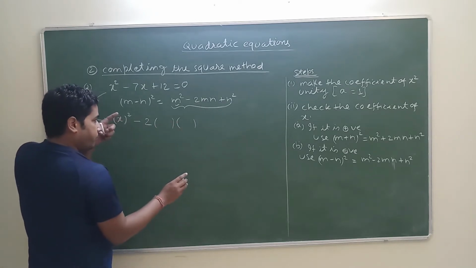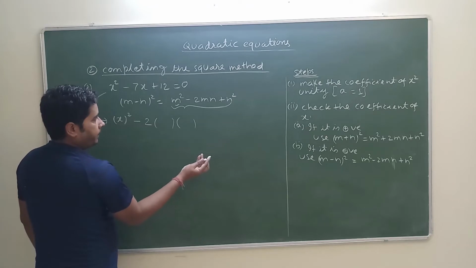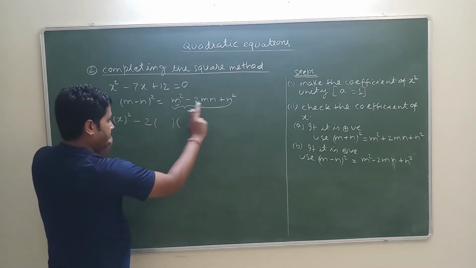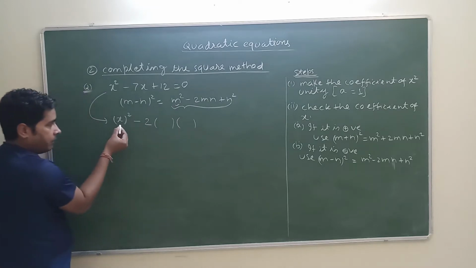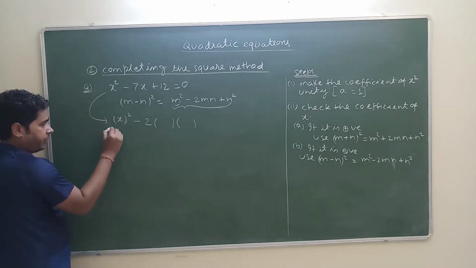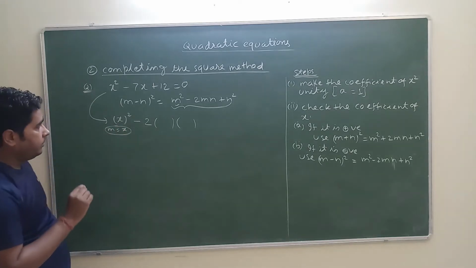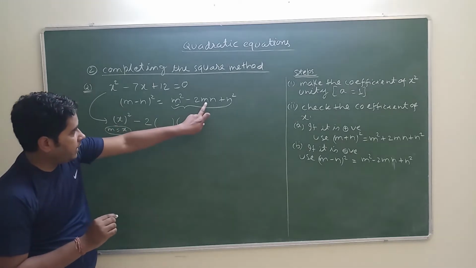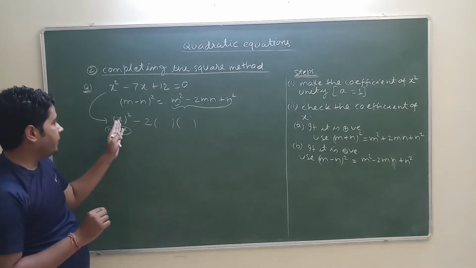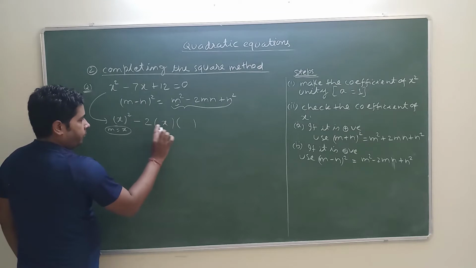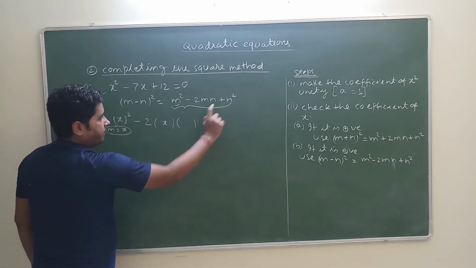One thing you can check from here is that m is already known to us. Our m was x. Right? So in place of this m, I am going to write this x directly. So 2m is completed. Now n is remaining.